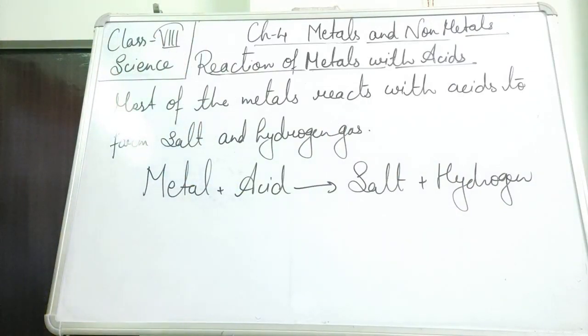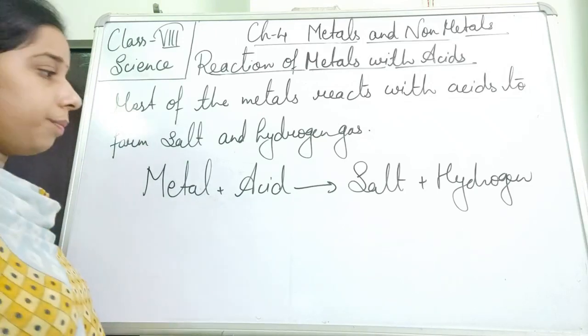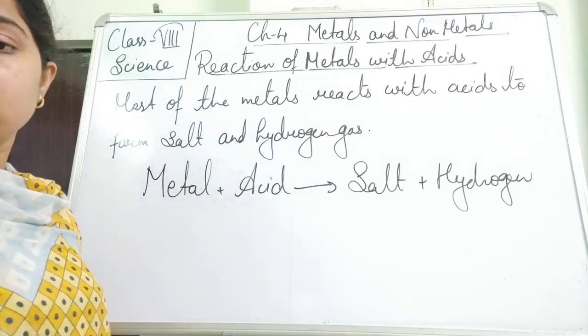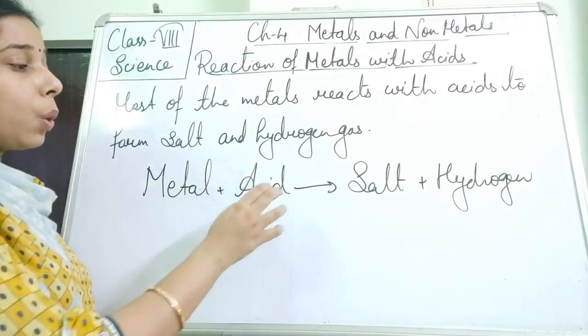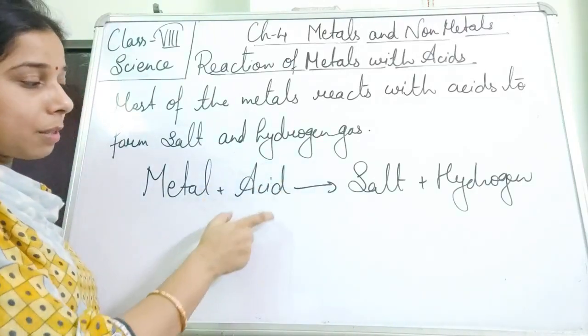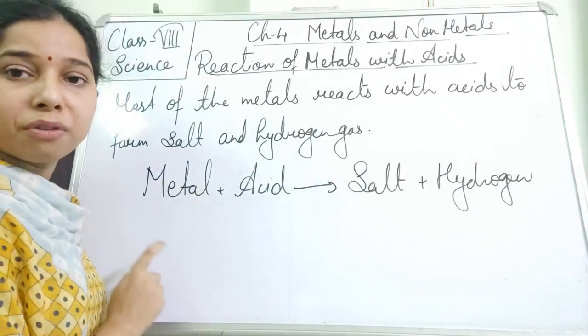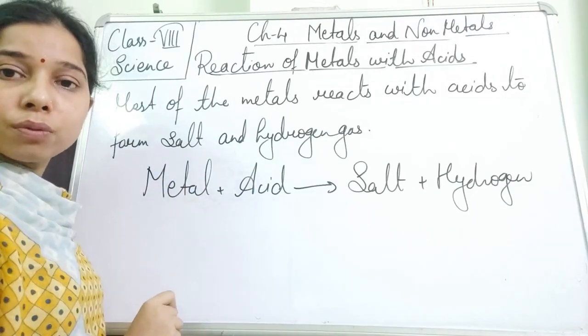Before we go, try to understand what a salt is. When a metal displaces the hydrogen from an acid, the compound which is formed is a salt.